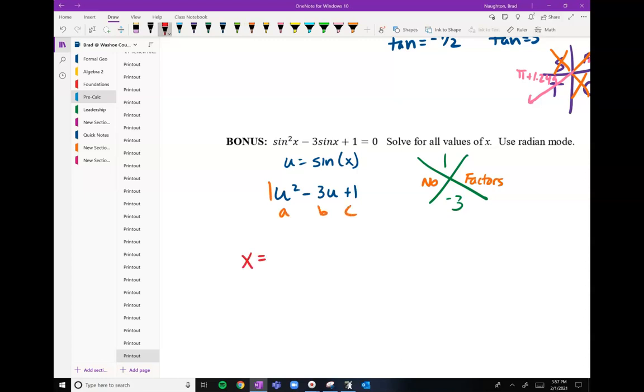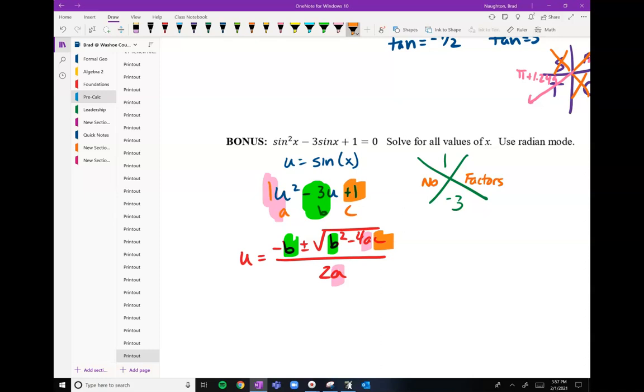So x is equal to, or I should say in this case, u is equal to negative b plus or minus the square root of b squared minus 4ac, all over 2a. So my negative 3 is going to go here and here. My 1 is going to go here and here. And then my lonely little c is going to go right there.